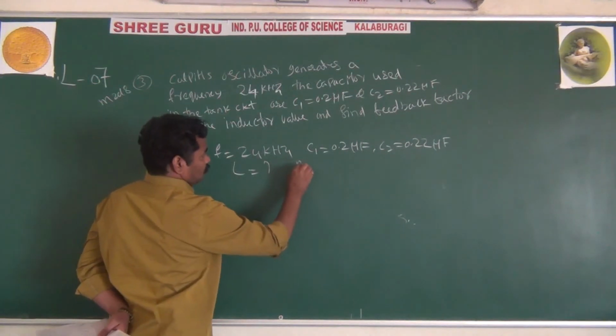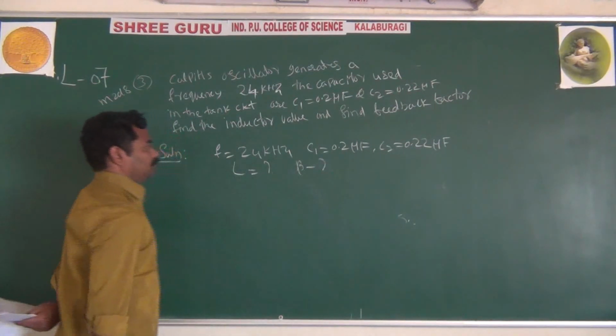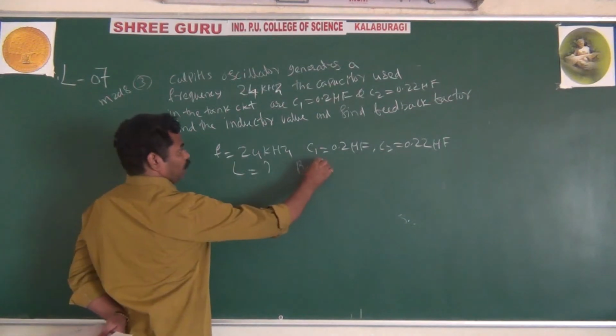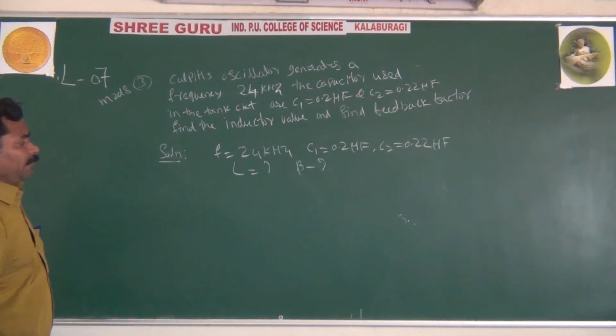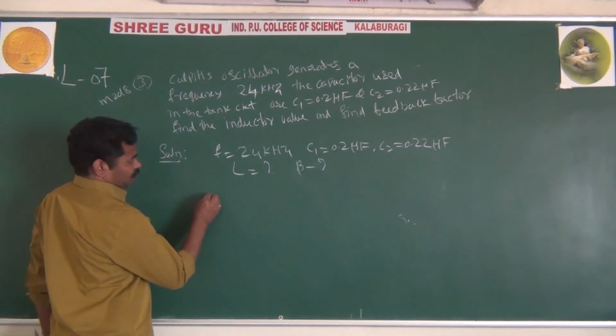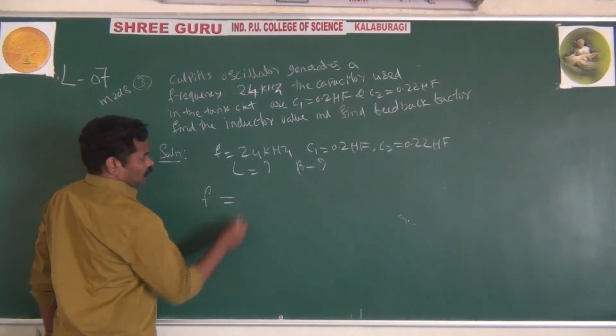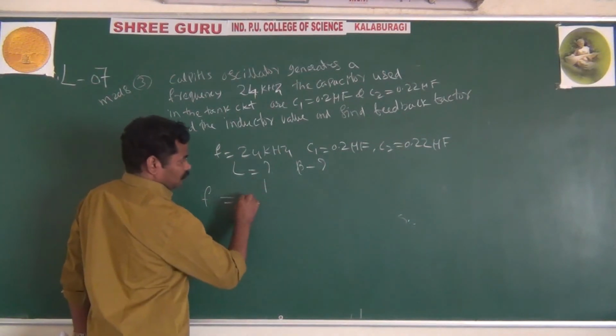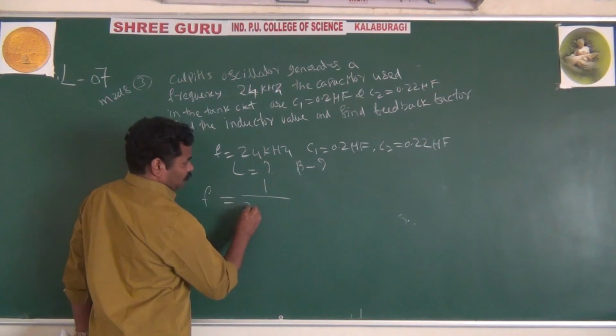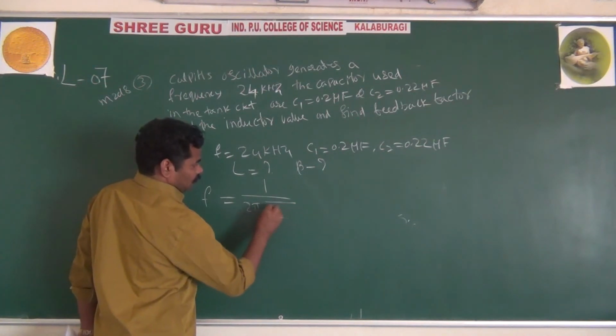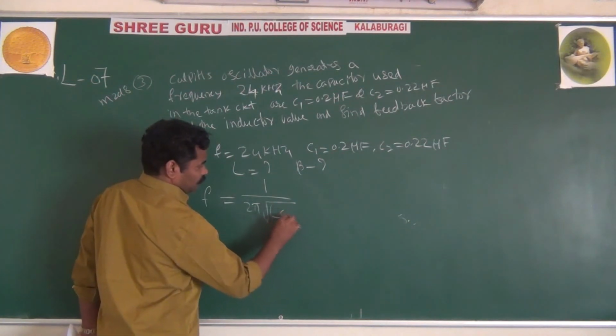Also calculate the beta, that is the feedback factor. And here you use the same formula, f is equal to 1 divided by 2 pi square root of LC.